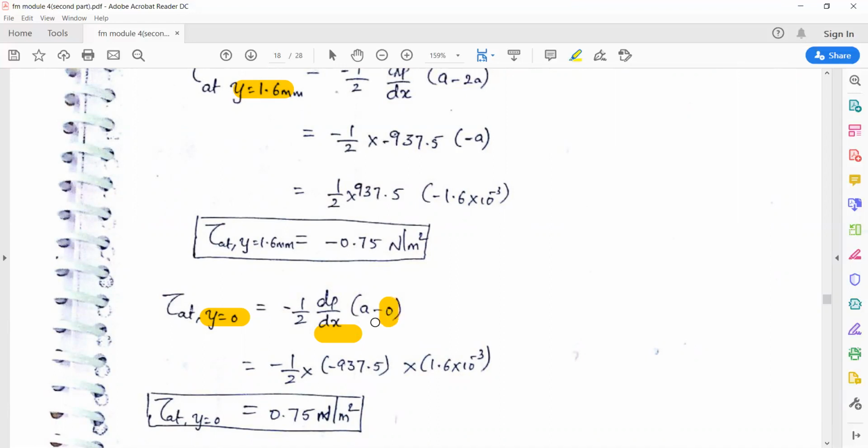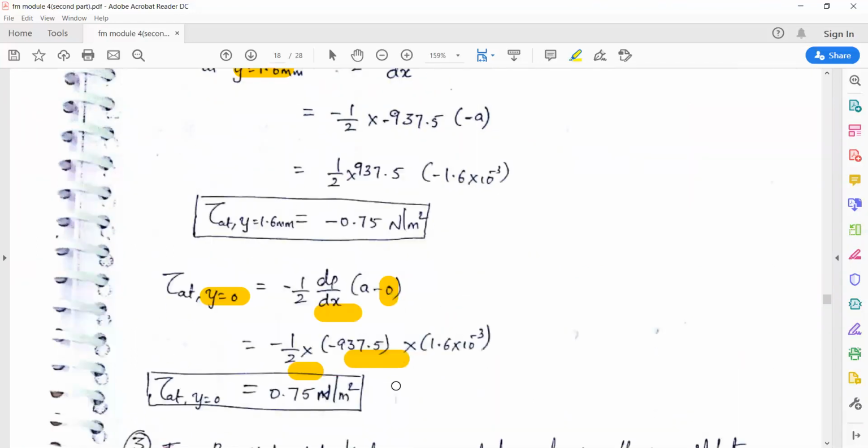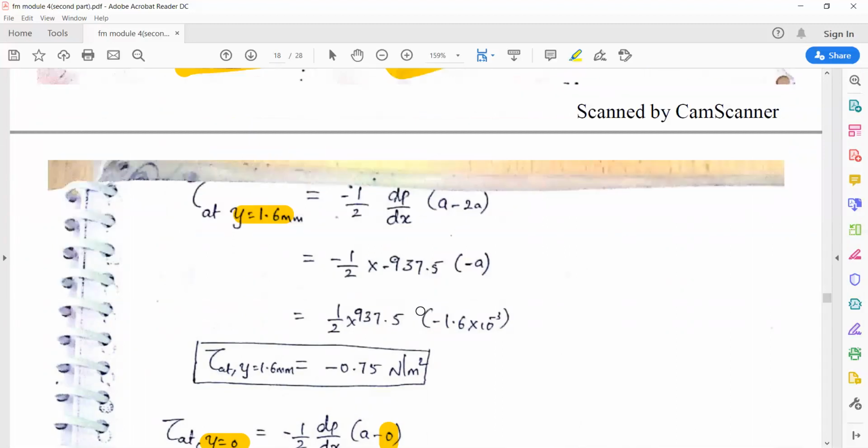That's why it becomes only a minus 0. All right. So minus 1 by 2 into dp by dx value we already have calculated. So that is minus 937.5 into a. The distance is 1.6 millimeter. So that's why they multiplied with 10 raised to minus 3 to convert millimeters to meter. So we'll get tau at y is equal to 0, that is 0.75 Newton per meter square.